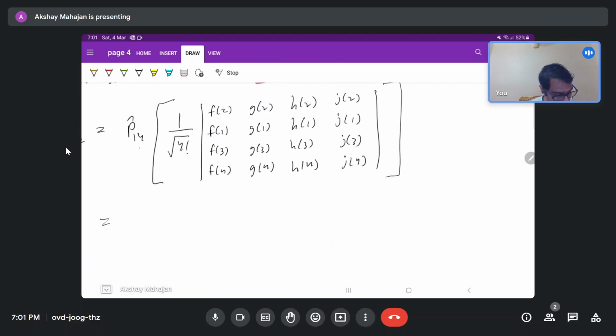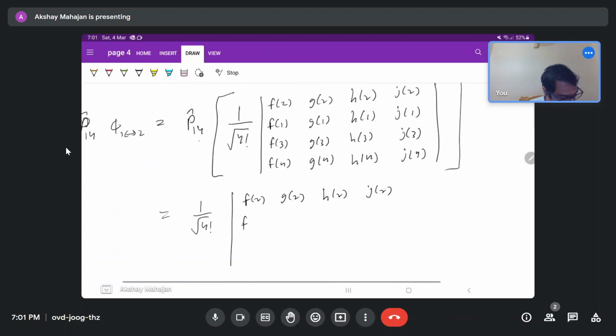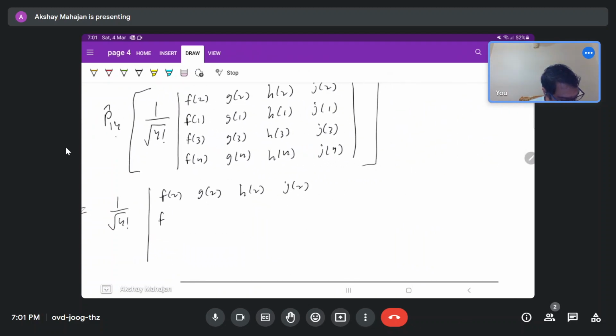So if you do this 1 4, then you will interchange 1 and 4.